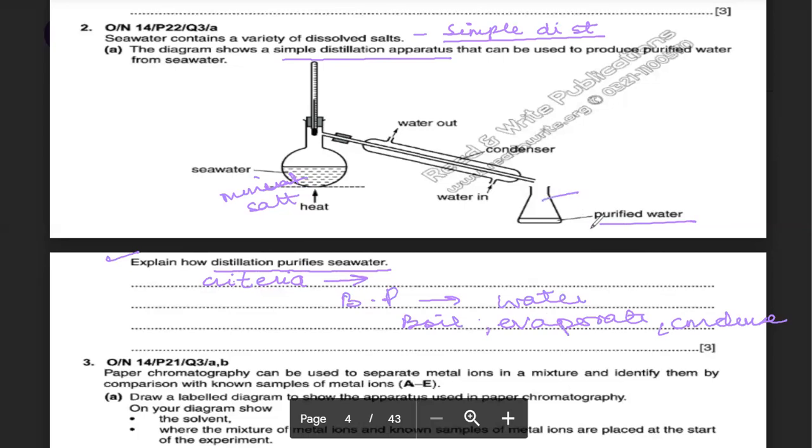This is how we get separation on the basis of the difference of the boiling point. So this is again the 3 marks. 1 mark is for the criteria, and approximately 2 marks is for the process which you explain. Within the process, these are the 3 small steps; explaining these, you will tell that with the difference in the boiling point, you will be able to separate the two. Is it clear? I hope I'm clear.